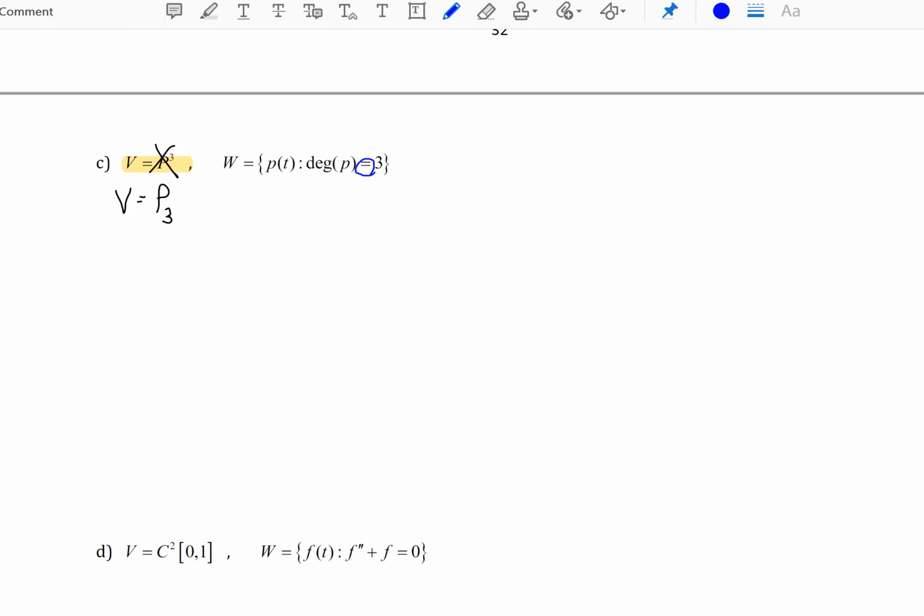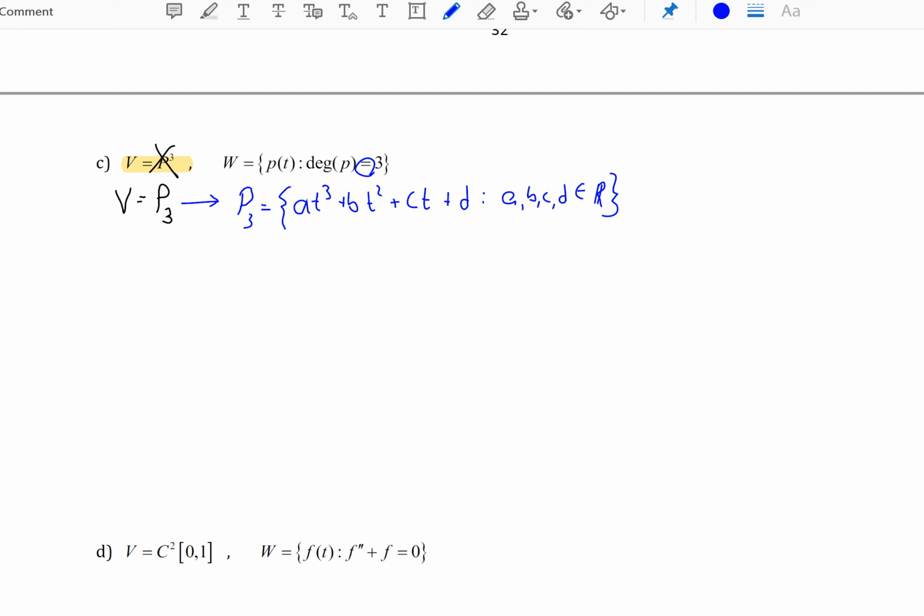Now there's a small thing to pay attention to here. When we talk about P3, P3 is polynomials of degree 3 or less. So technically P3 looks like things of the form a t cubed plus b t squared plus c t plus d, such that a, b, c, and d are elements of the real numbers.